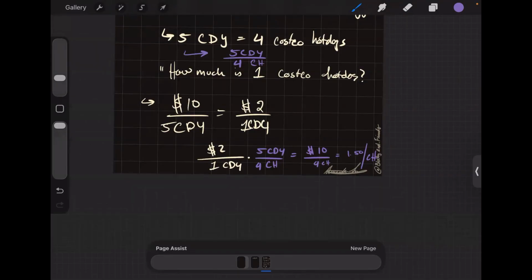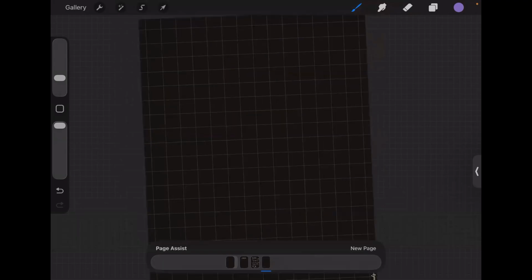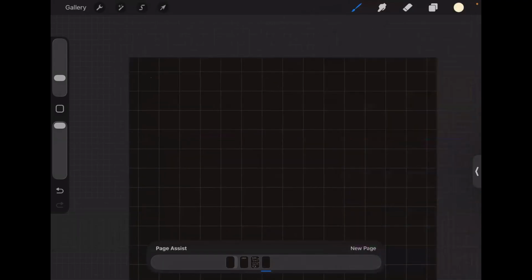All right. So related rates works in the exact same way. So let's define related rates, or let's define implicit differentiation so we can do related rates.